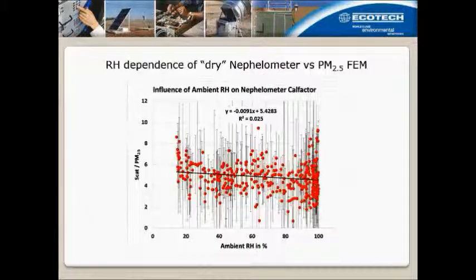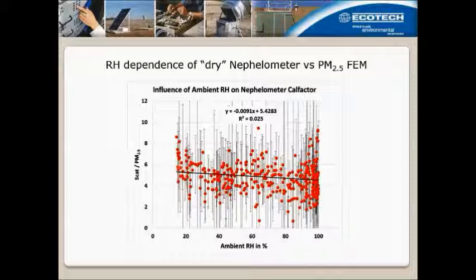And when you go a little bit closer, I told you before that the particles grow with relative humidity, and I wanted to test on that setup whether I have particle growth at that site. So what we basically did is plot the ambient RH against the scattering coefficient, or the ratio between scattering coefficient and FEM.